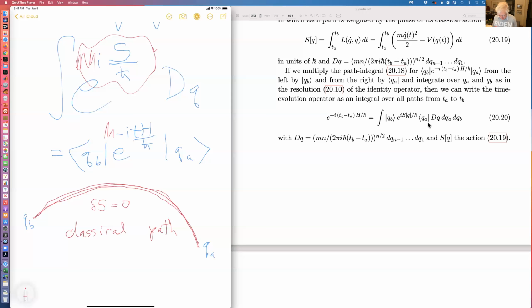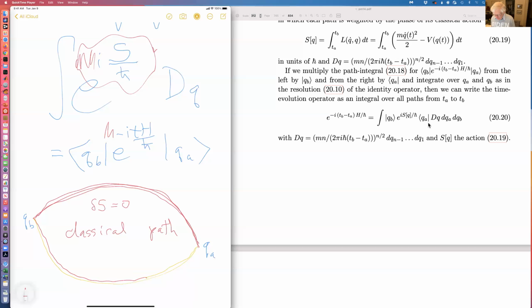On the other hand, if we consider some other trajectory here, and if you take adjacent paths, and instead of having the same action, they have very different actions, then these phases are going to wash out.